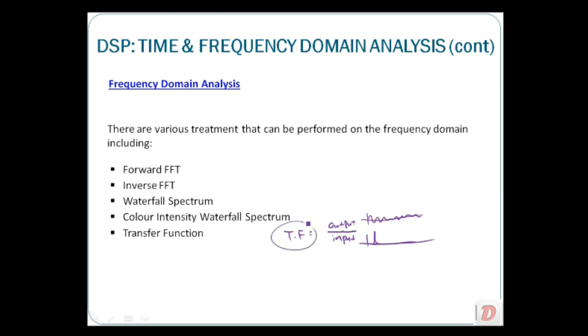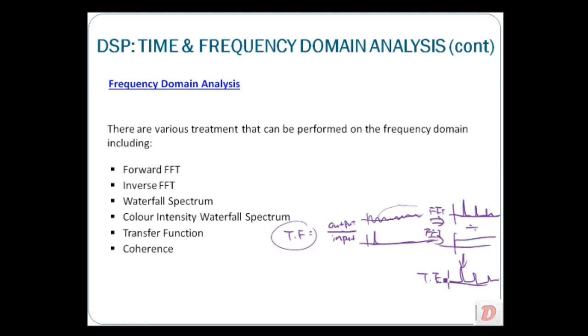When you want to find the transfer function, you don't use the time signals divided by the inputs. What you do is you transform to FFT, so you have the frequency domain of the output, then divide by the frequency domain of the input. Then you get what we call the transfer function, out over in. That can only be done in the frequency domain.